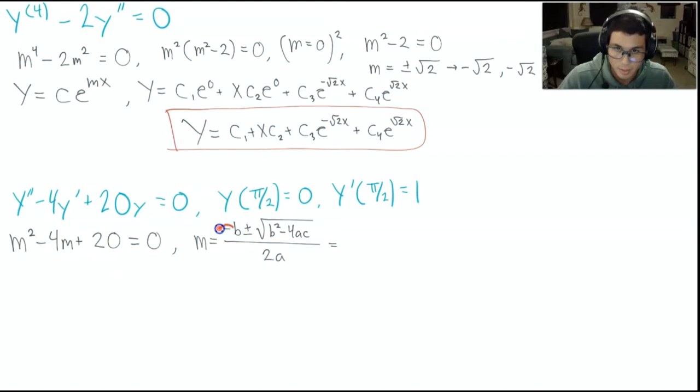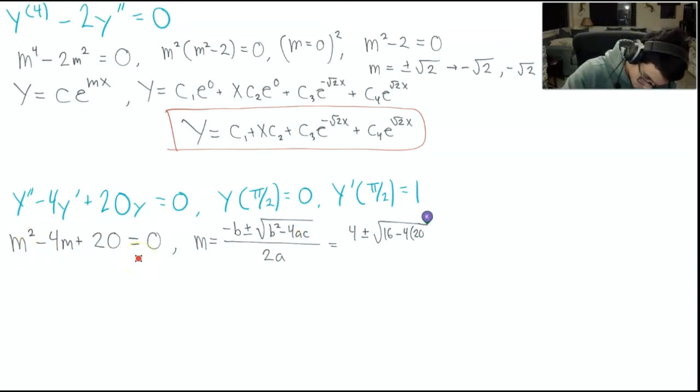So negative 4 plus or minus, then b squared would be negative 4 squared, which is 16. Okay, and what's a? A is 1, c is 20. So that's ac, which is 1 times 20. Okay, and what's 2a? Well, that's just 2 times 1.